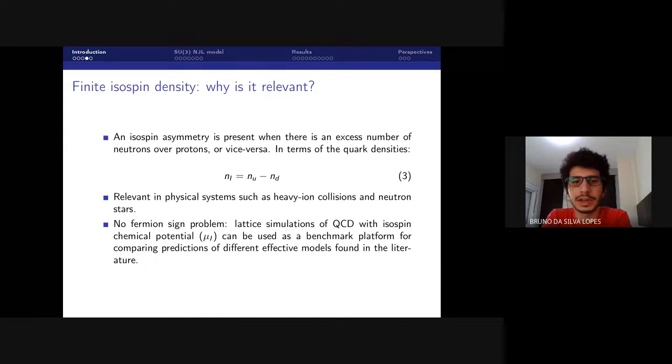And this can be relevant in physical systems such as neutron stars, obviously, and heavy ion collisions. And the most important thing here for us is there is no fermion sign problem when working at a finite isospin chemical potential. So we have lattice QCD results to use as a benchmark for comparing the predictions of our effective models.